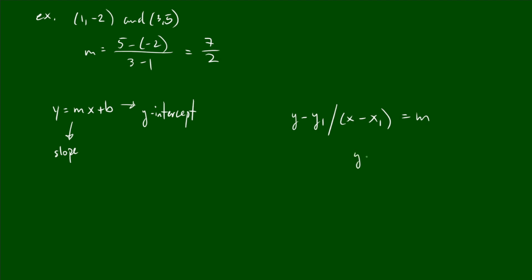You get y minus y1 equals m times x minus x1. This is called the point-slope form. Why point-slope form? Well, you have a point, which is y1 and x1, and m. Once you solve this equation, you'll end up with the y equals mx plus b form.